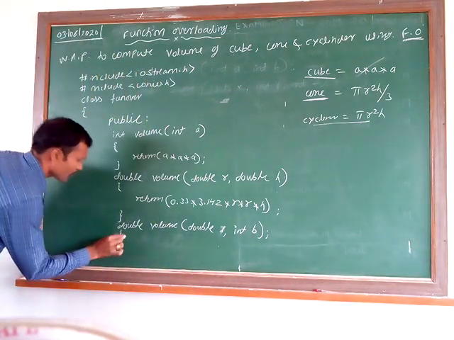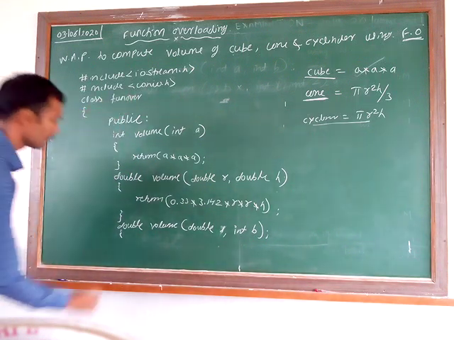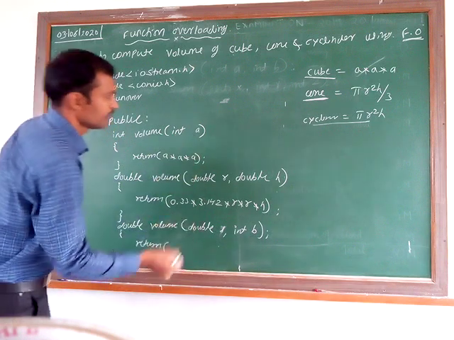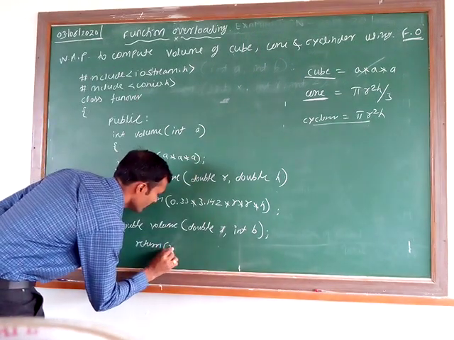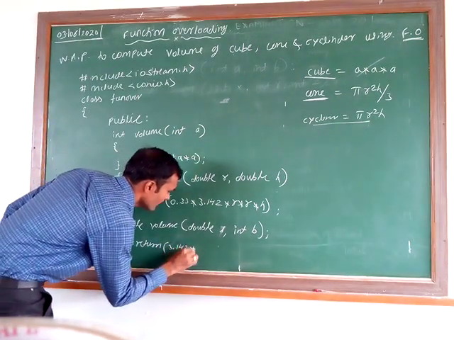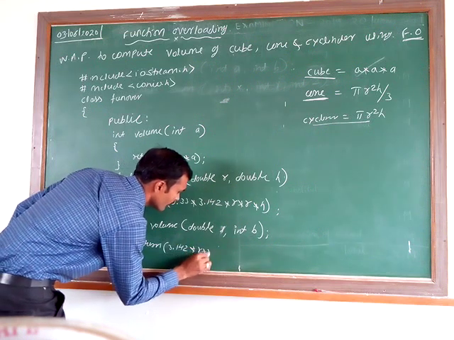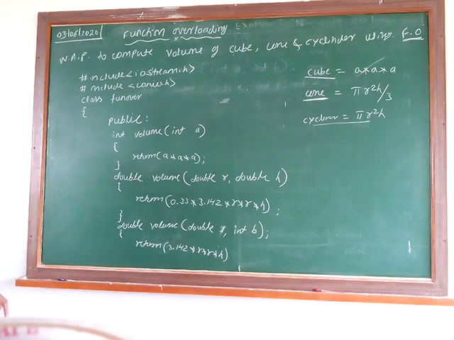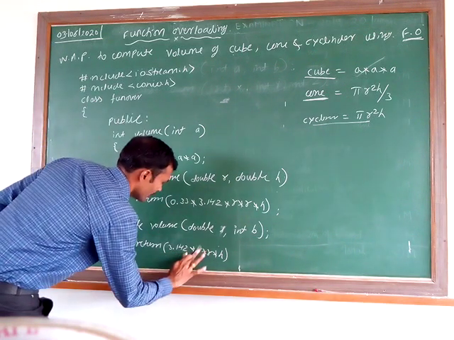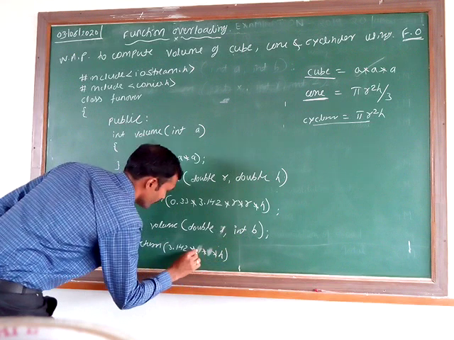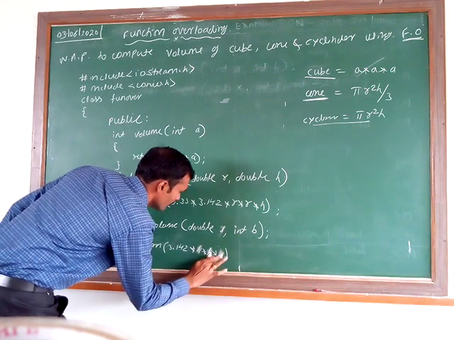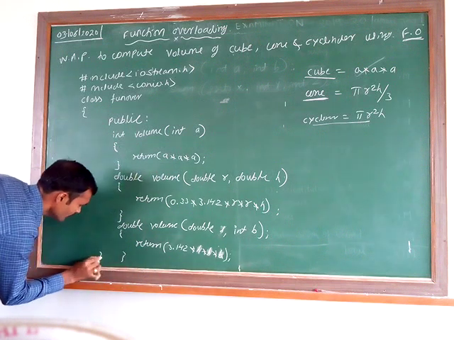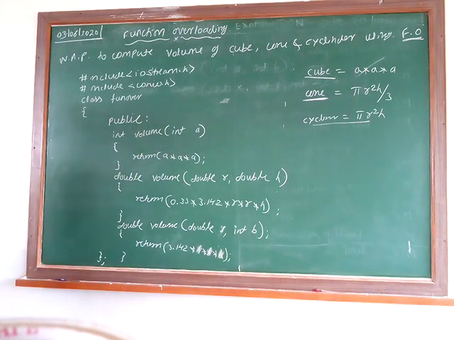Then the formula, which we already know: return 3.142 into r into r into h. Sorry, I will take it as l and b. Close the class.